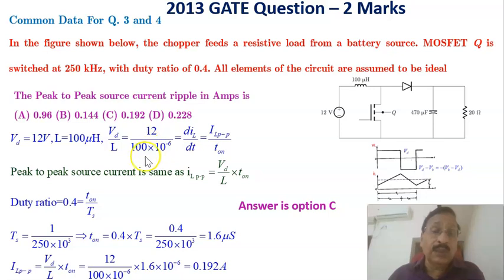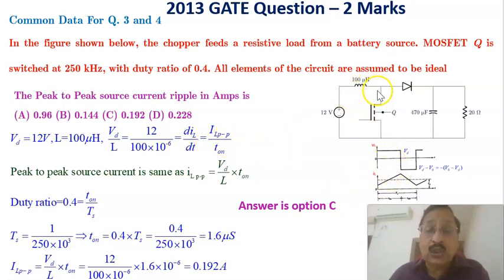Vs equals 12 volts and the inductor is 100 microhenry, that is 100 into 10 raised to minus 6. Because L di by dt equals the input voltage, VL by L equals 12 divided by 100 into 10 raised to minus 6, which is equal to diL by dt, the rate of change of current through the inductor.